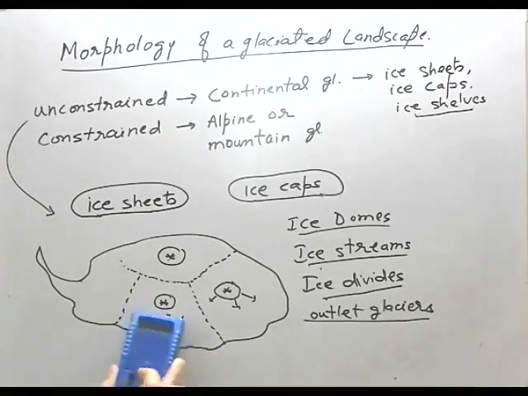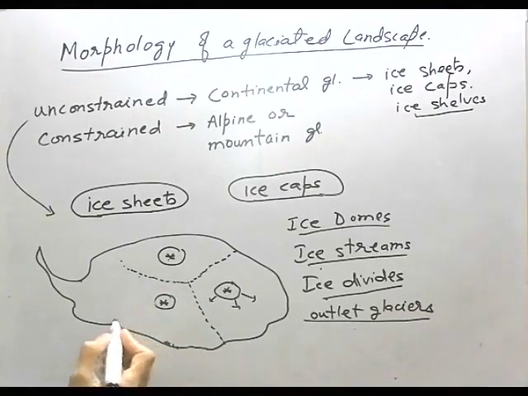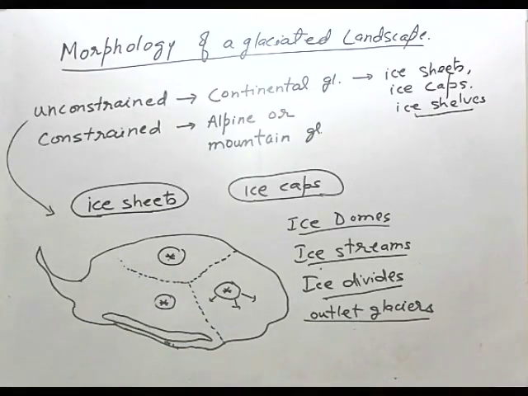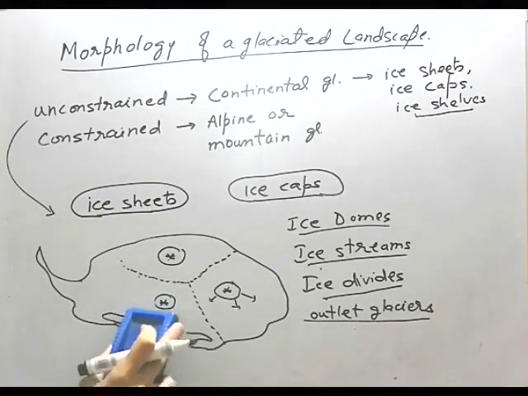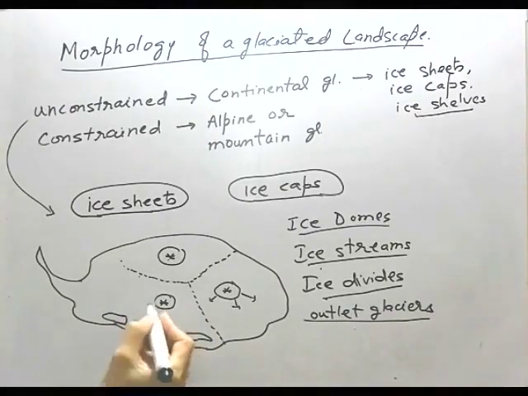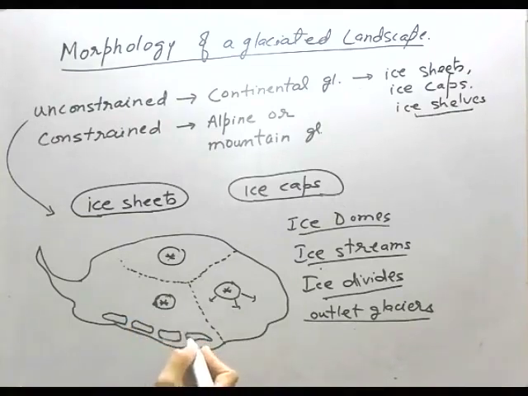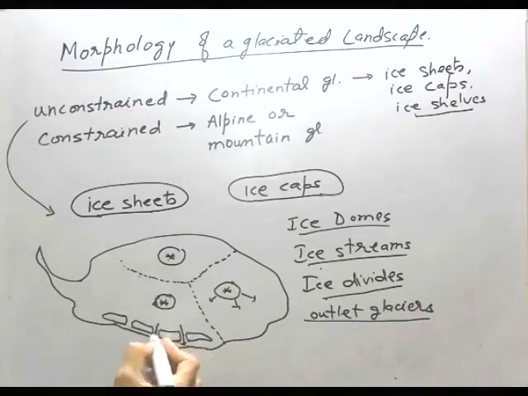Sometimes, wherever the ice sheet encounters mountains like the Trans-Antarctic Mountains, the ice tends to move through these mountains along gaps. These ice streams take advantage of these low-lying areas in the mountain ranges, and they tend to come out through these ranges to the coastal areas.